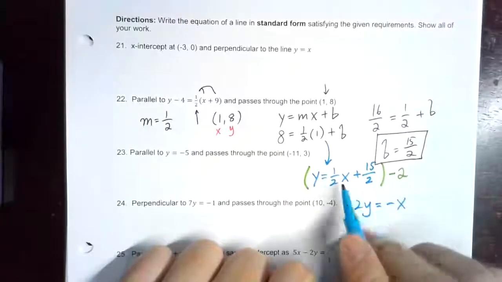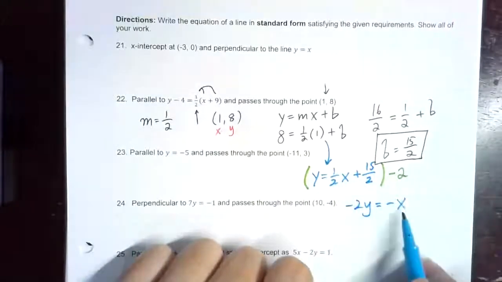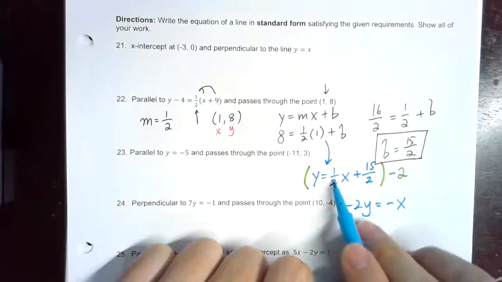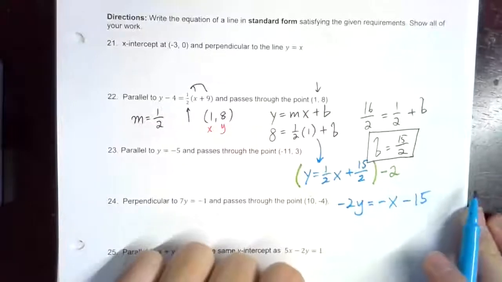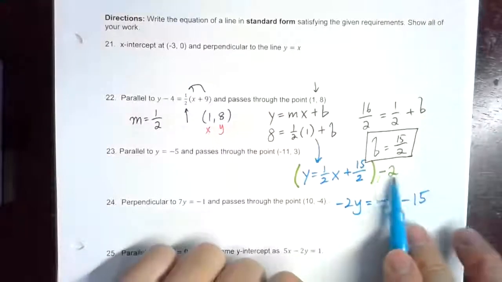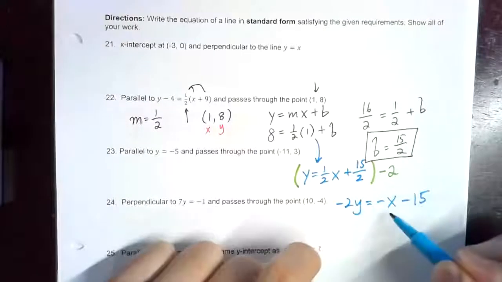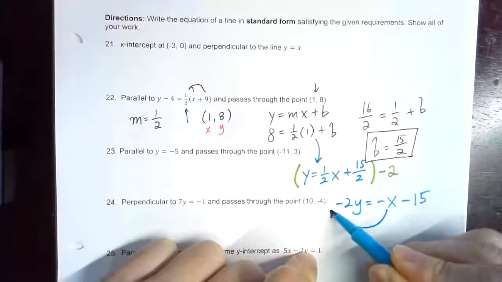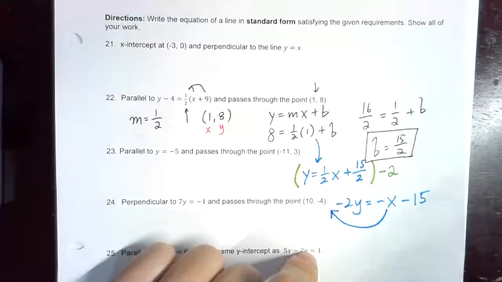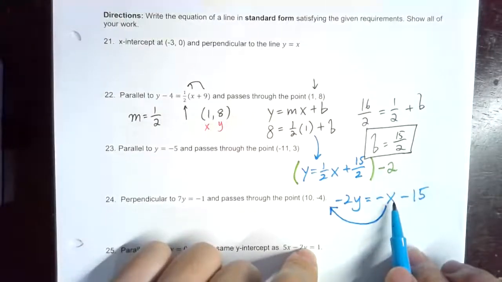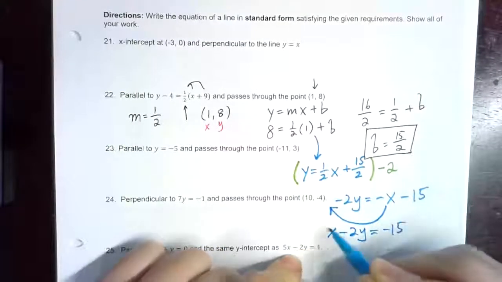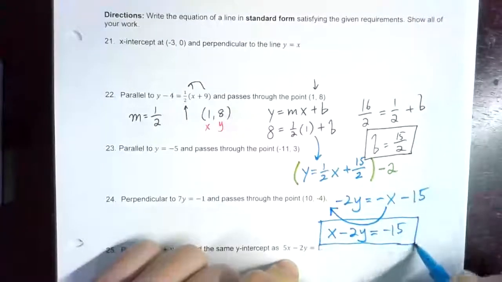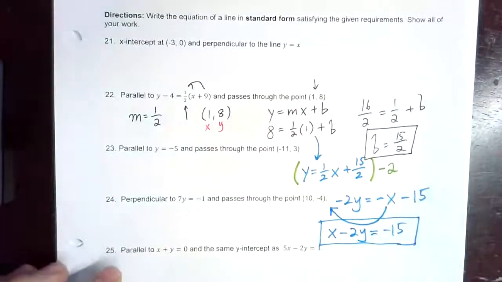So you get -2y is equal to -x, because 1/2 times -2 is 1, but it is negative, and then minus 15. You might say, wait, Mr. Kuo, you're making all the terms negative. Well, remember standard form: the only value that cannot be negative is the leading coefficient of x, the first coefficient. And we end up getting x minus 2y is equal to -15 as our final answer.